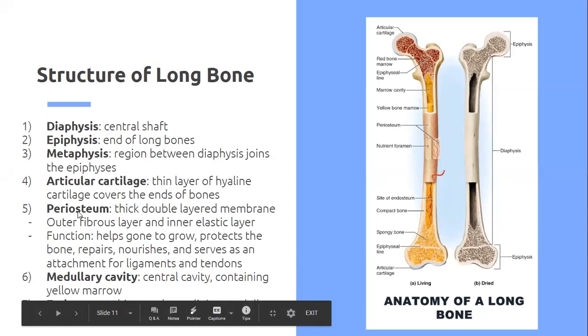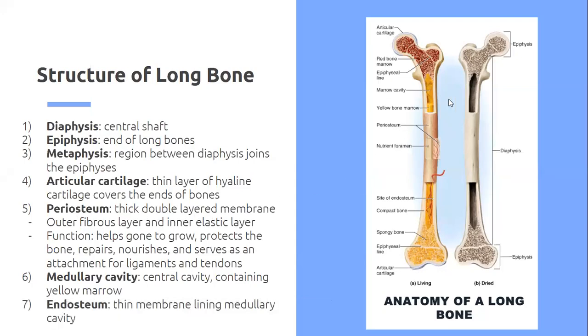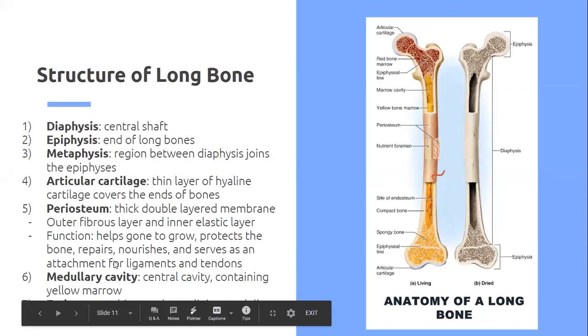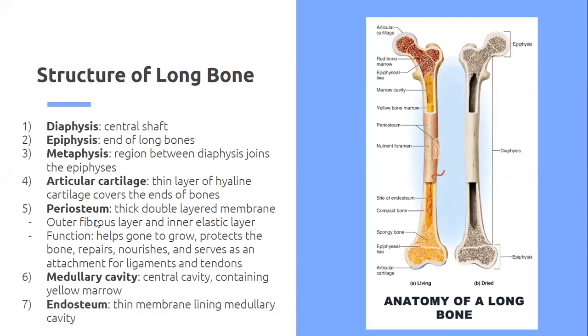Then we have the periosteum, which is a thick double layered membrane, right here, and it covers the compact bone. It covers the whole bone. There's an outer fibrous layer and an inner elastic layer. The outside is tough, fibrous, durable.